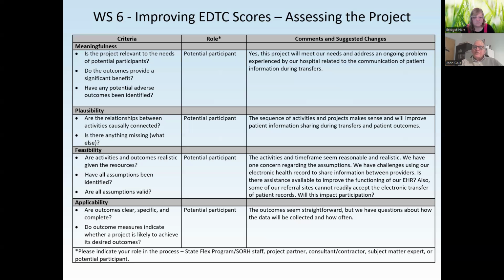Is it something that hospitals have the room in their portfolio of activities to do? Have you identified the assumptions, and are the assumptions valid? And finally, how applicable is it? Are the outcomes clear, specific enough, and complete for your hospital to be able to use to make a difference and make changes in how they perform related to the EDTC measures?